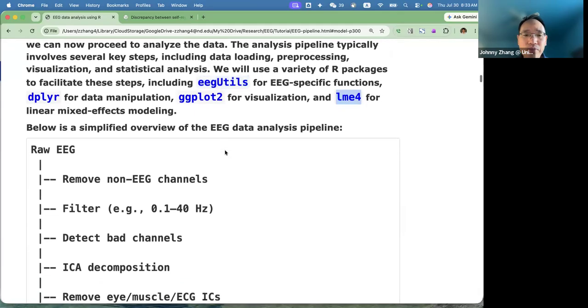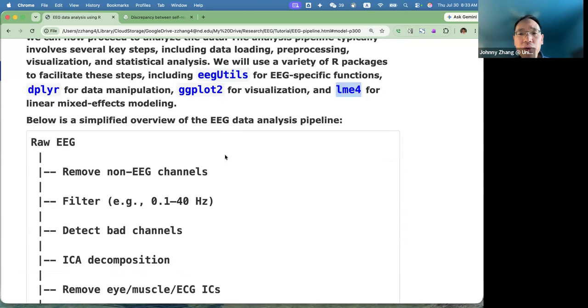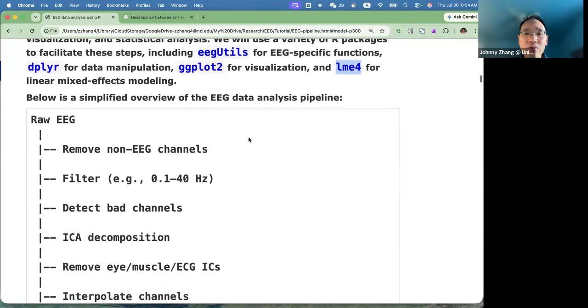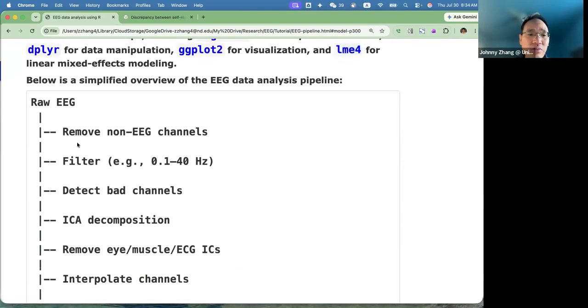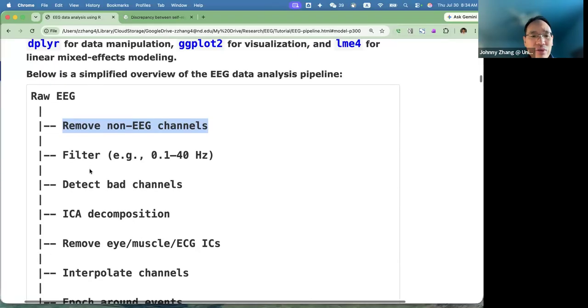To pre-process or clean up EEG data, oftentimes we would follow the following procedure. Oftentimes we may need to remove non-EEG channels because those channels are not related to brain activity. Then next we will do the filtering. I will talk about why we do this.